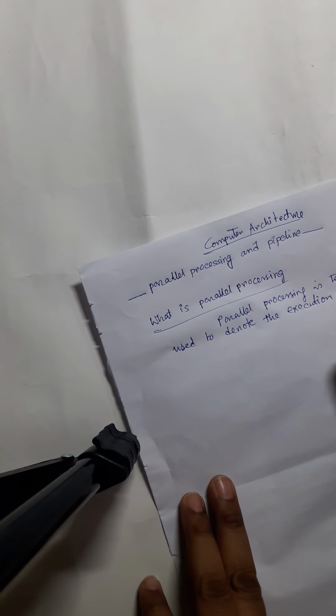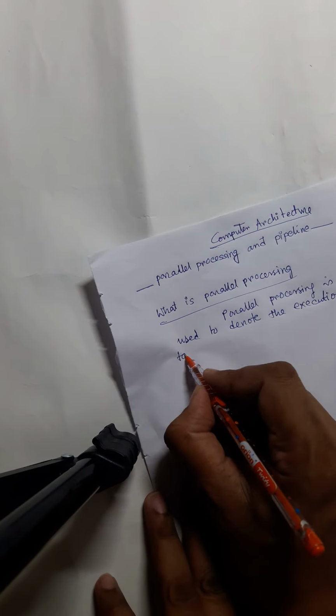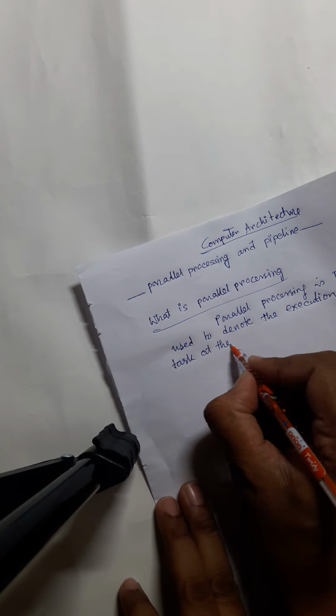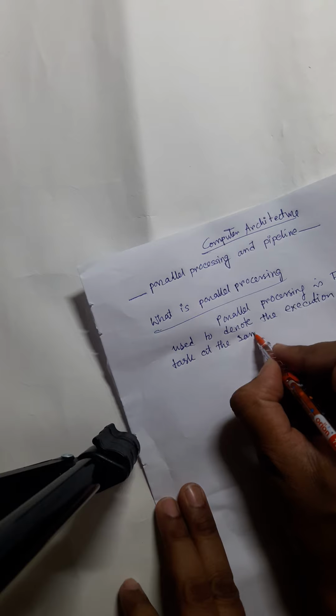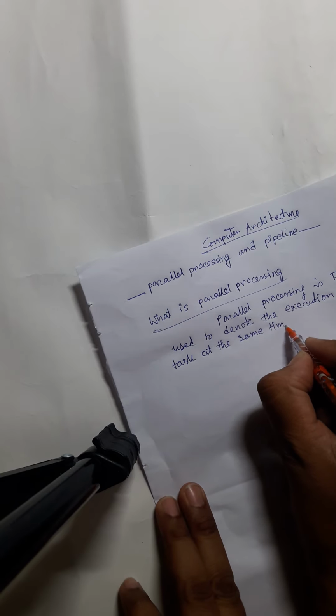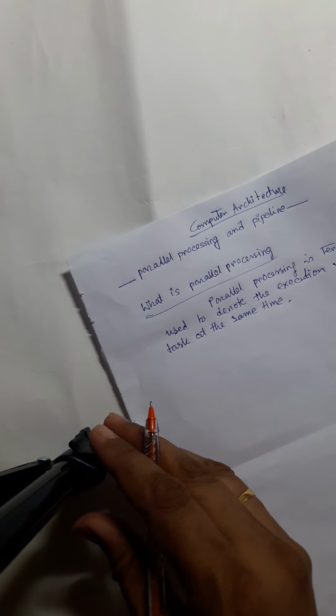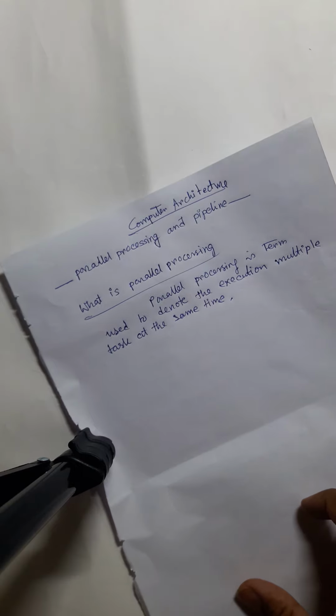Parallel means multiple tasks, execution of multiple tasks at the same time. So parallel processing is the term used to denote the execution of multiple tasks at the same time.